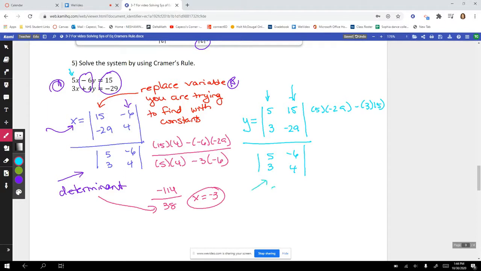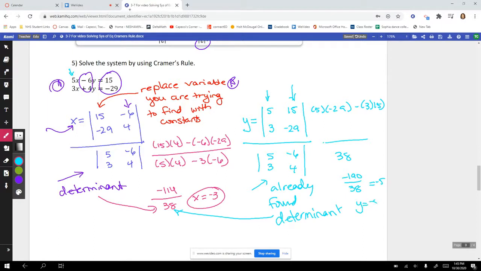Now, I've already found the determinant on the bottom, so I don't need to do that again, right? We know that that is 38. So I have 38 on the bottom. Okay, so 5 times -29 minus 3 times 15 gives me -190 divided by the determinant of 38, and I get -5. So y is equal to -5.